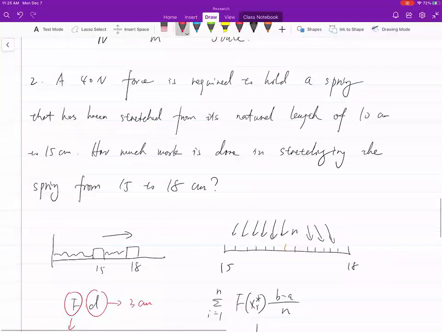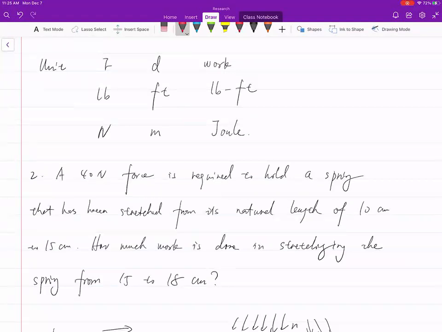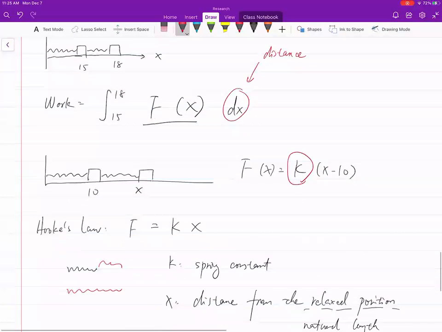Now, if you go back to the original problem, you do have the information. If you stretch that thing from 10 to 15, you need 40 Newton. So that's 40 Newton for 5 centimeters. So how much force per centimeter? 40 divided by 5, which is 8. Let me write it down.